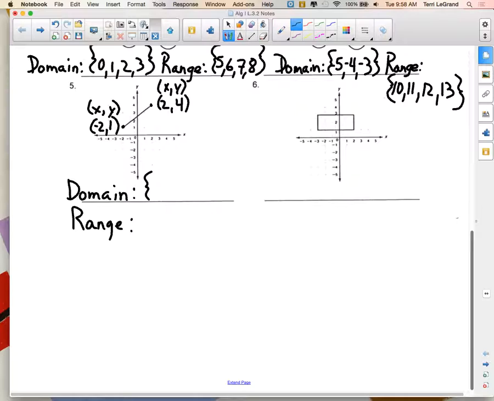Okay. Well, then the domain, remember, is all of the x values, right? So what do you think the domain would be? From -2 to +2, yeah. In other words, from right here to right here, that line segment covers it. So we have a -2, and since we have a closed point at the end, does that mean -2 is included?